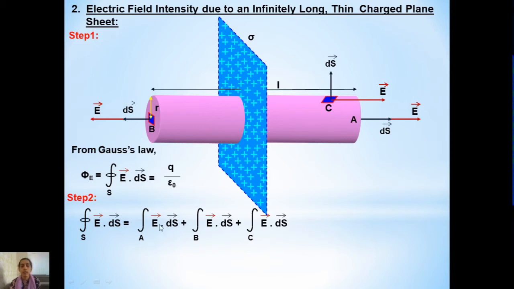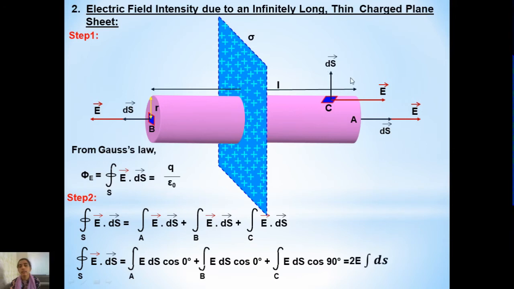If we consider the magnitudes, the equation can be written as E ds cos theta. Here we know angle theta is 0 degree at surface A, therefore I have written cos 0, plus at surface B, here also theta is 0 degree, therefore we write E ds cos 0, plus at this surface the angle is 90 degree.